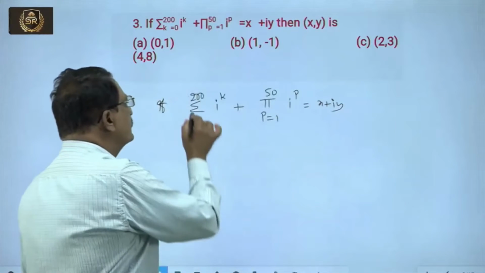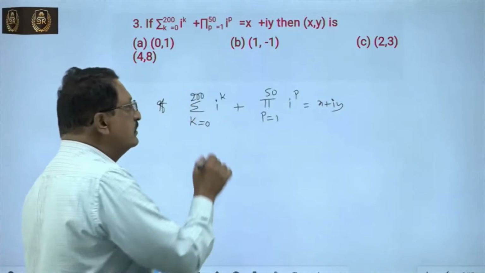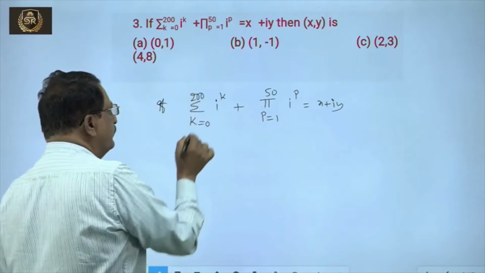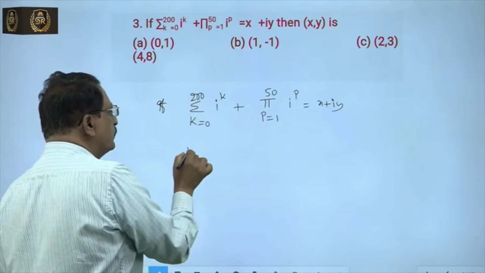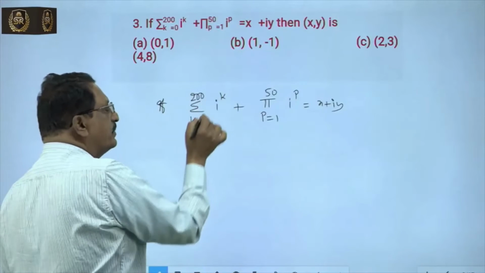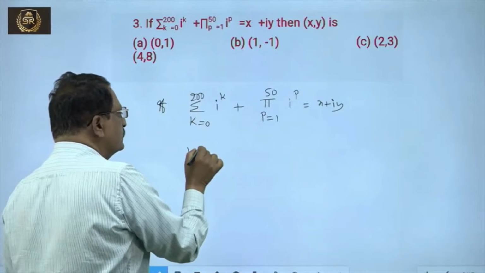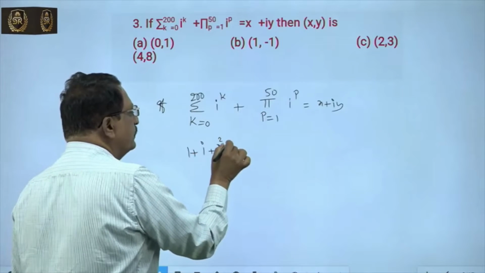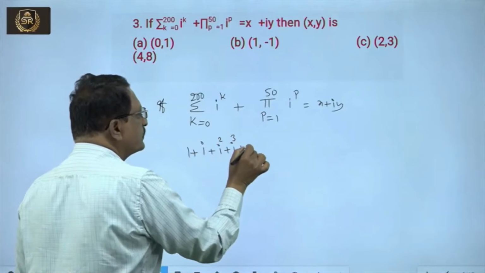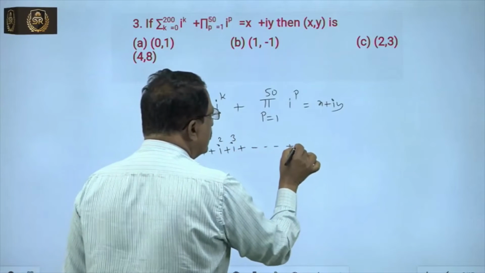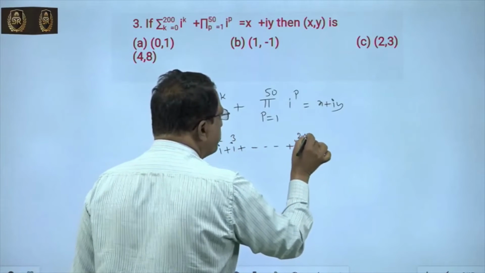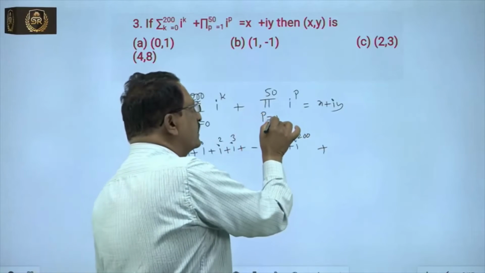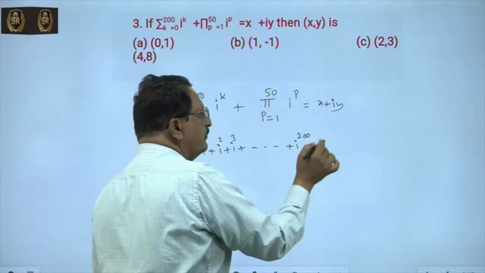Okay, here sigma is nothing but summation. The value of k equals 0 to 200. Now k equals 0, substitute, 1 plus i power 0 is 1. Next k equals 1, i plus i square plus i cube plus so on up to i to the power of 200 plus, here pi is nothing but the product of terms from p equals 1 to 50.